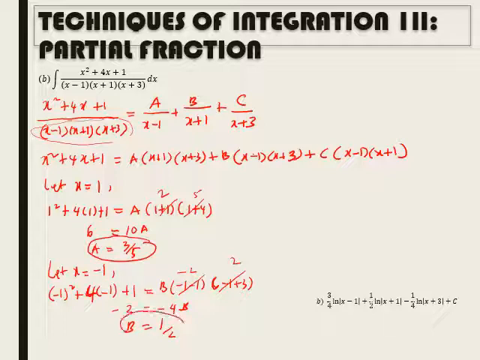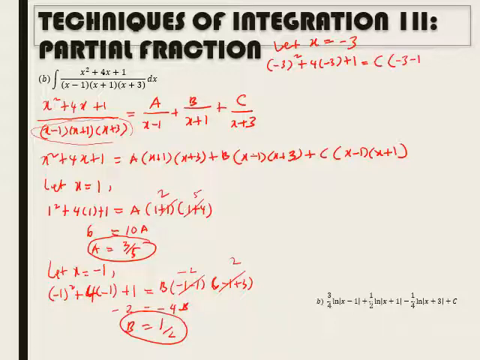Okay, a, b. Now is c. So for c, we need to let x equal to something. How to eliminate a and b? We see both have x plus 3 here. So we let x equal to negative 3. So when we let x equal to negative 3, the whole equation will be like this, equal to c times negative 3 minus 1, negative 3 plus 1.